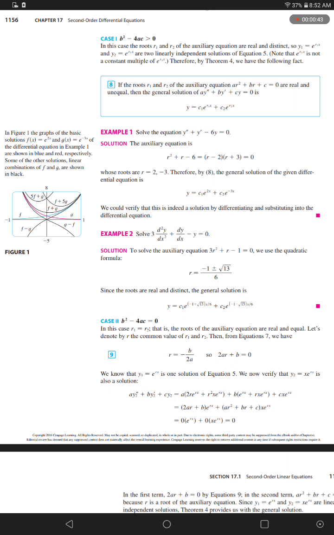Therefore, by theorem 4, we have the following fact. Equation 8.